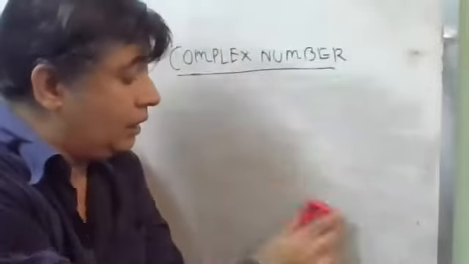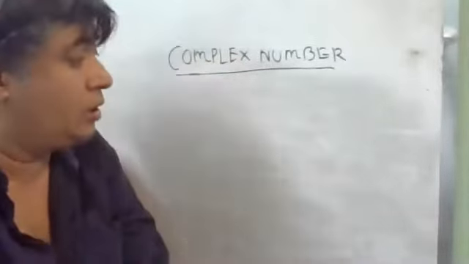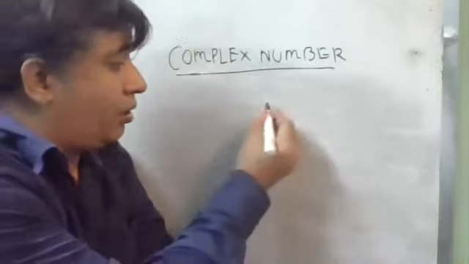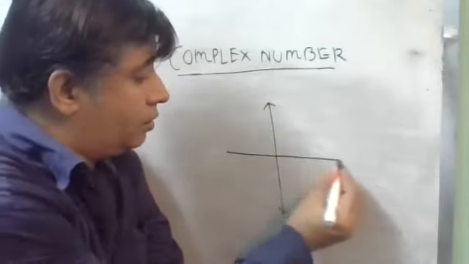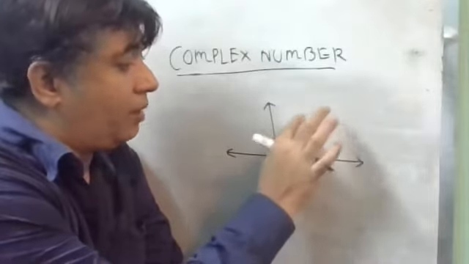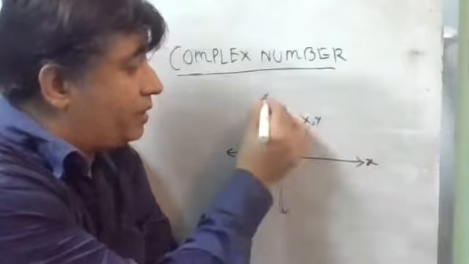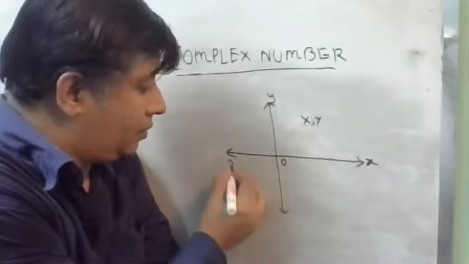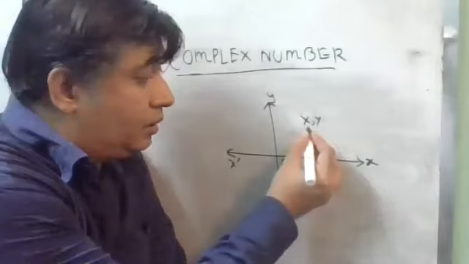Now we are going to plot a point on the plane, say x comma y, with respect to the x and y axes.